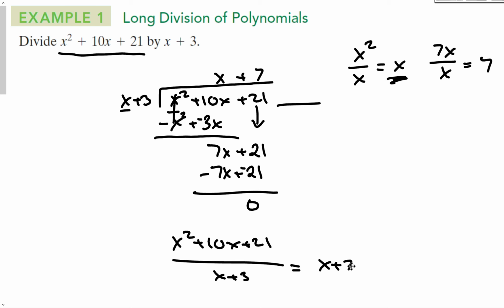Which we should have kind of known already, since this thing up at the top actually factors into x plus 3, x plus 7 over x plus 3, which would then cancel those two out. But again, not everything we're going to look at using these methods is going to factor. It's just nice to start with an easy problem that does.